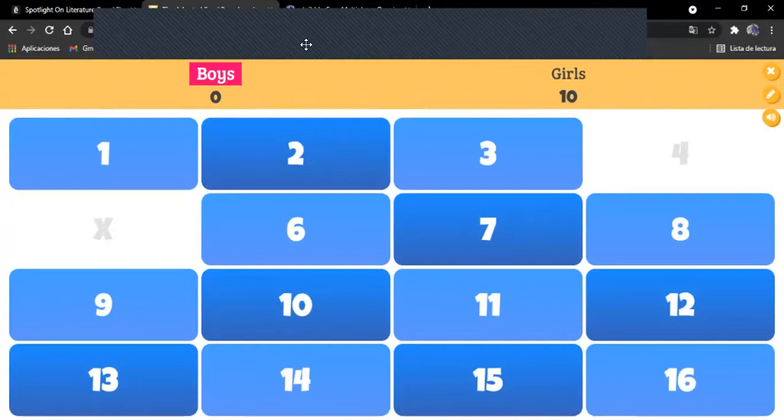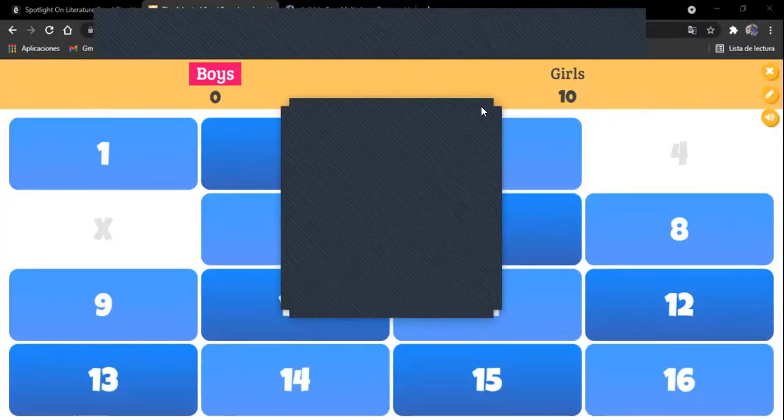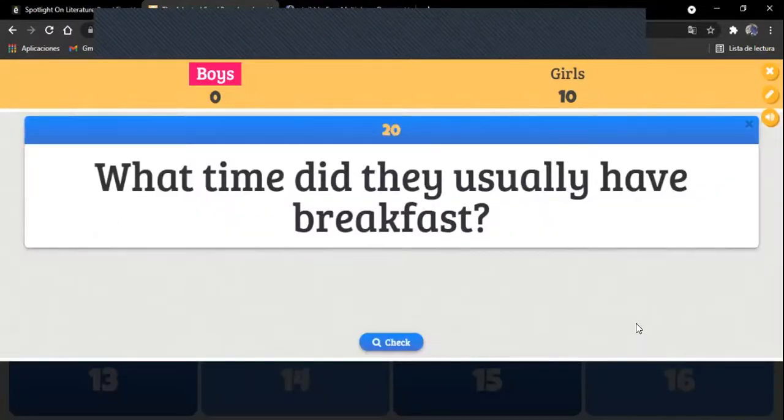Víctor, Alessandro, Romero. 7. For 20 points. What did they usually have for breakfast? I forgot to type "for breakfast." So what did they use to have for breakfast?